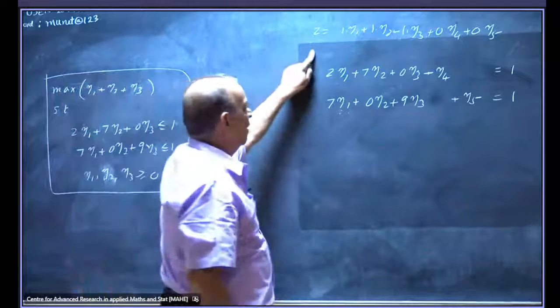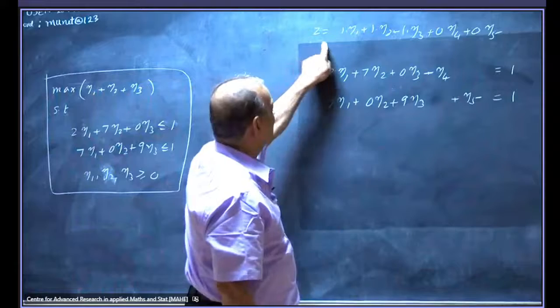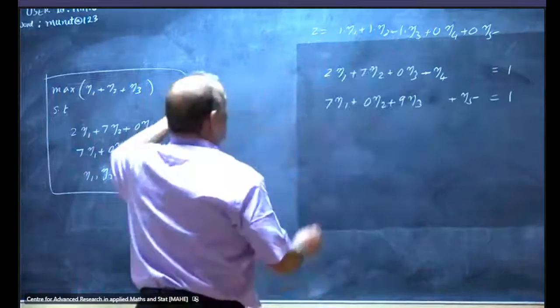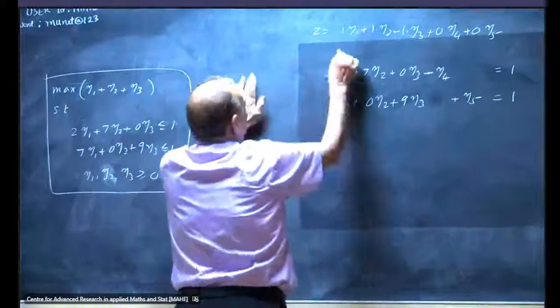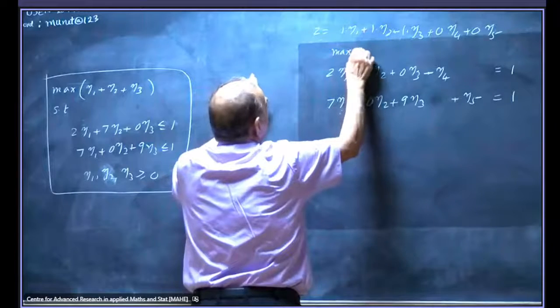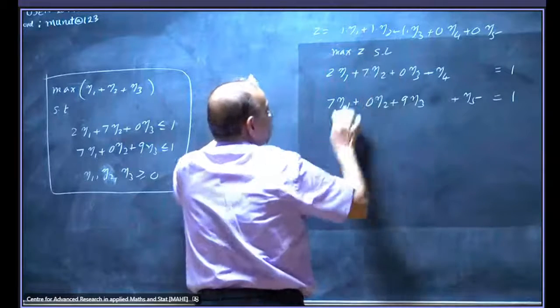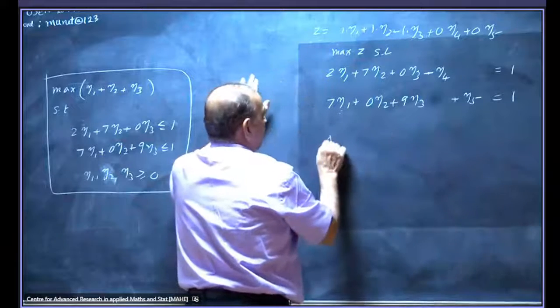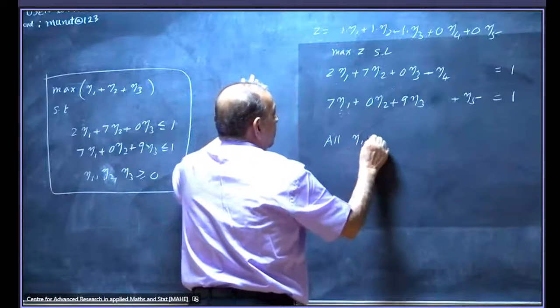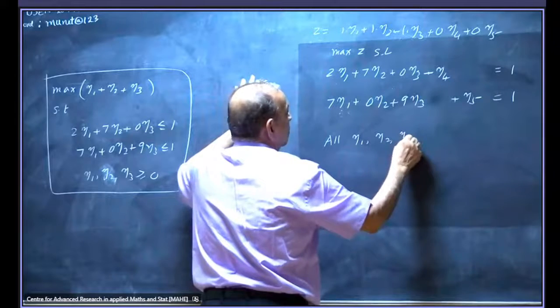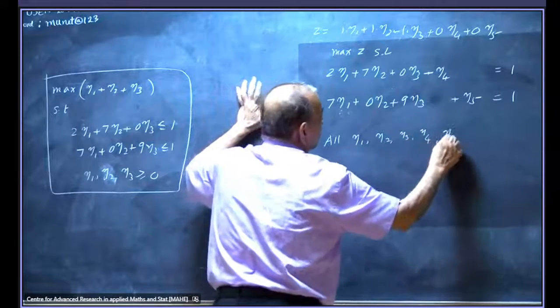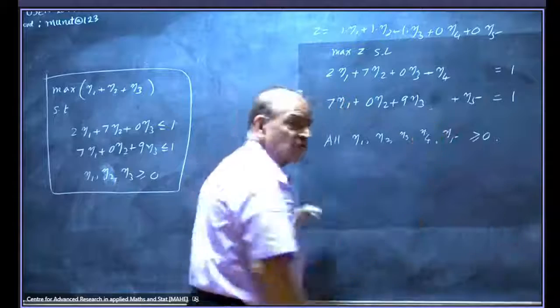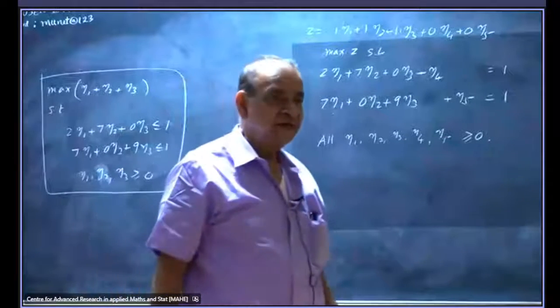So my aim is to maximize Z, such that this is true and all etas are non-negative.